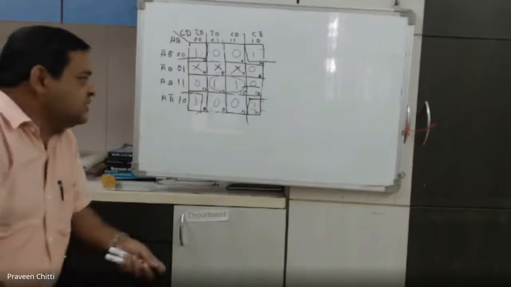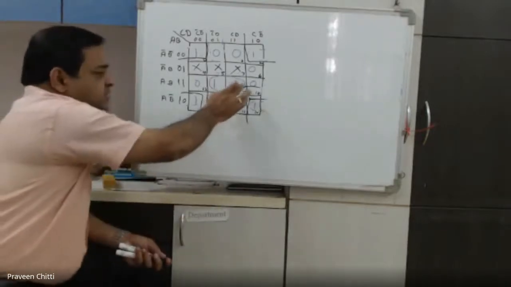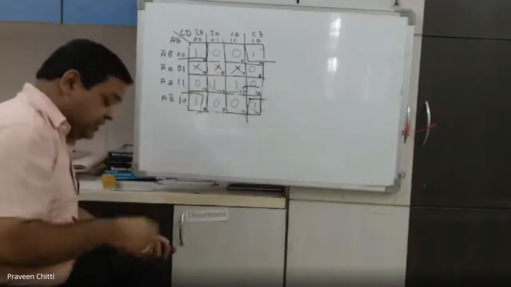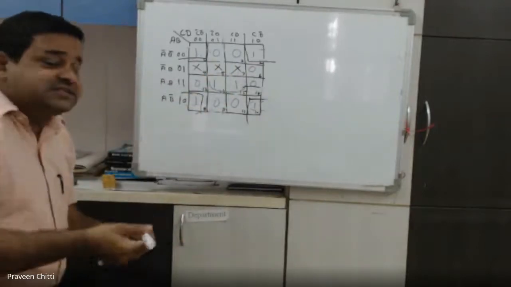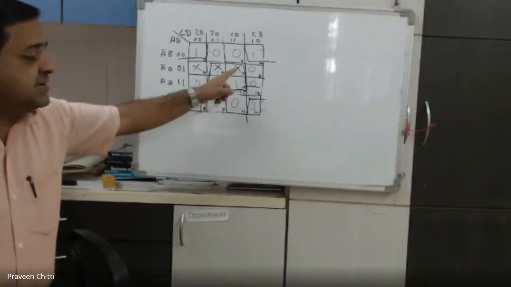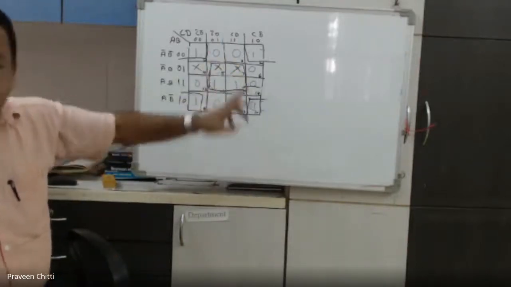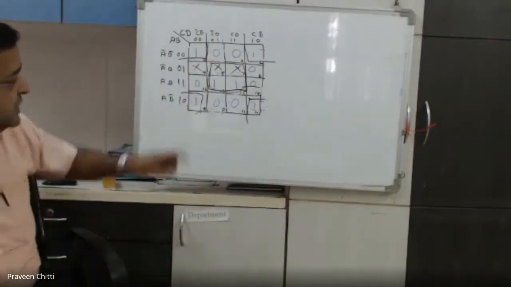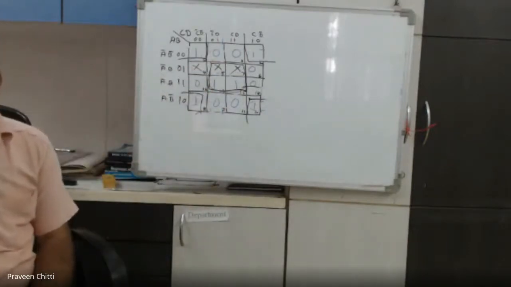What is that group? Instead of clubbing only these 2 ones, since don't cares are here, those don't cares can be covered in the group, and I can form a quad. That means these 2 x I have considered as 1, and I have formed a bigger group. I got one more quad, right? But now I am left with one more x. What should we do?